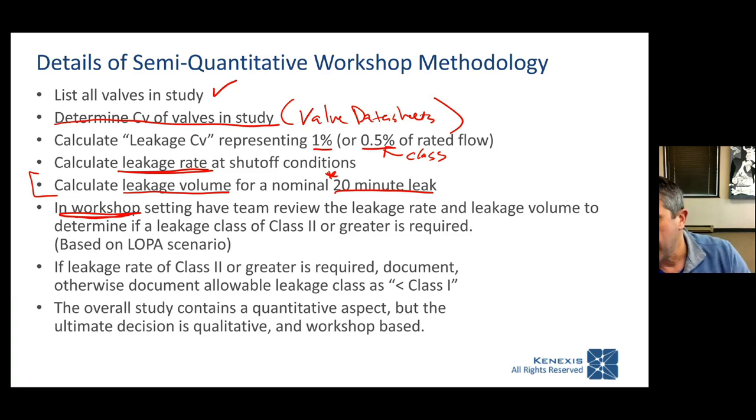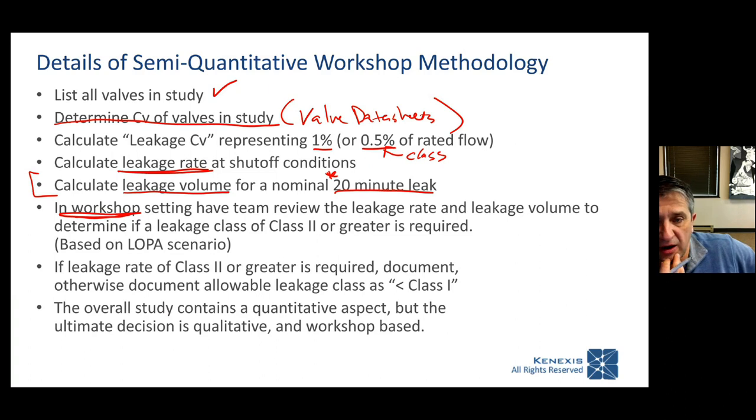You go back and you look at all of the scenarios that your SIL target is based on for the functions that are using that valve, and say, okay, if that occurred, what would the consequence be? Or more importantly, if I got that 10-gallon leakage, will that prevent the safety function from doing what it was designed to do? And that's how you make your determination.